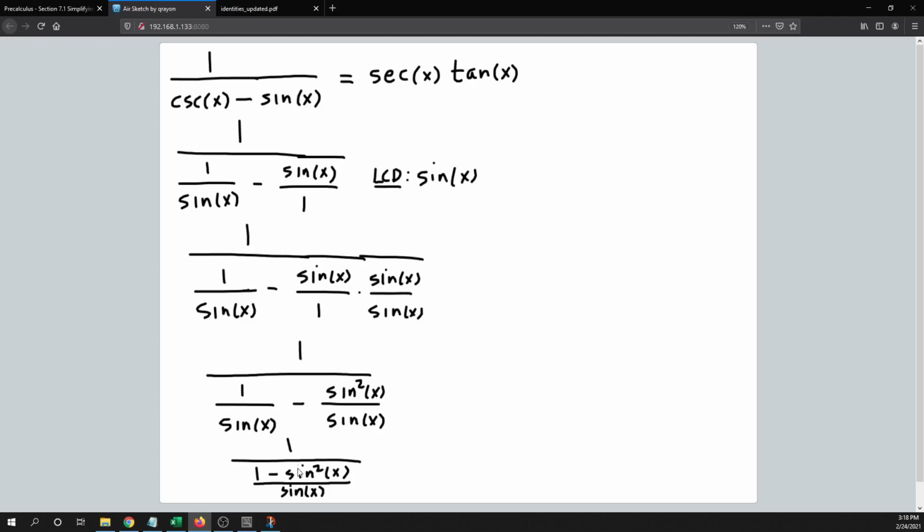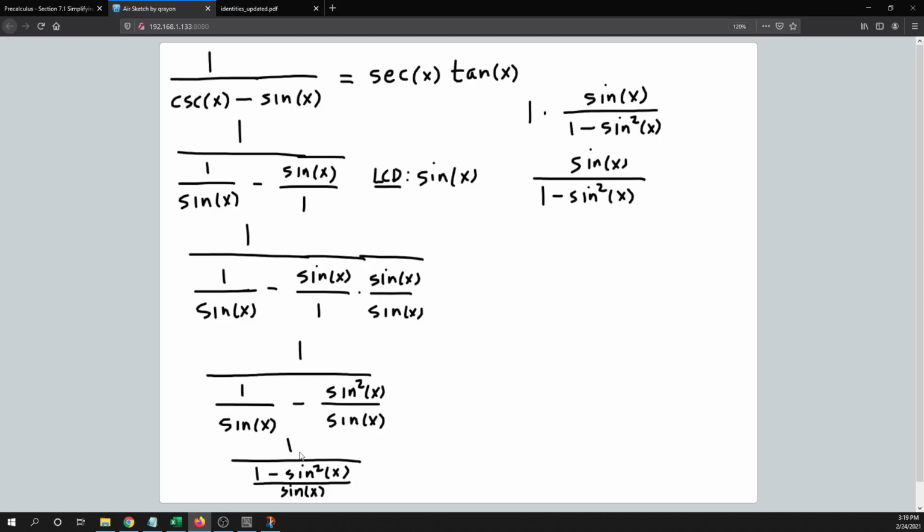So 1 divided by this fraction is the same as 1 times the reciprocal of this fraction, which is sine x over 1 minus sine squared x. And of course, that is just going to be sine x over 1 minus sine squared x, because anything times 1 is itself.